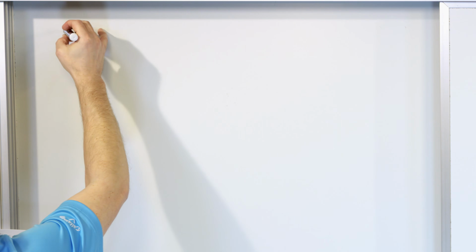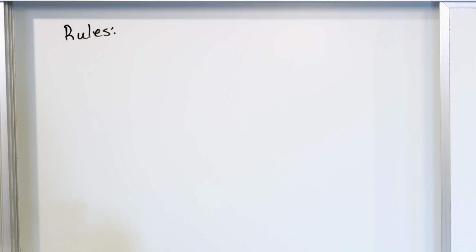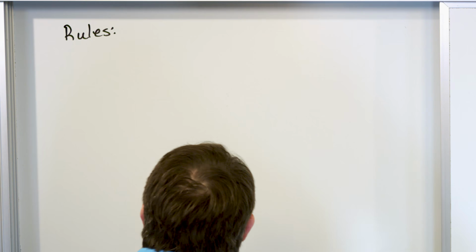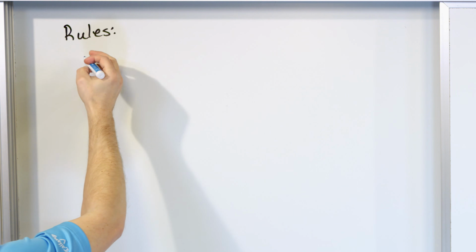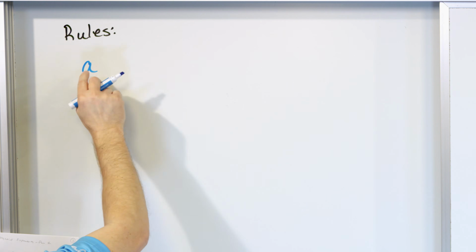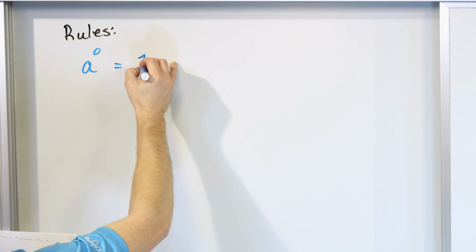So before we get too far into this, let's write down the two basic rules for exponents that are zero, and exponents that are negative. And those go as follows. Any value of a variable number, whatever, a, raised to the power of 0 is always equal to 1.